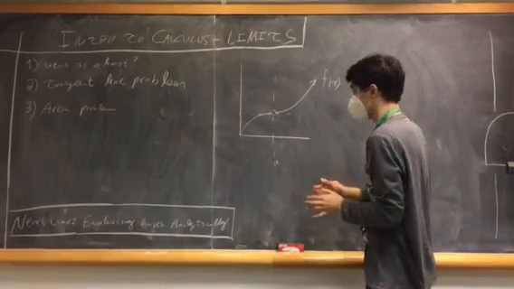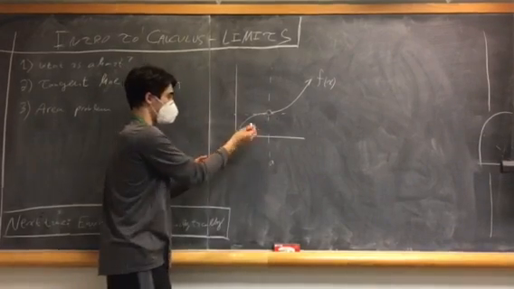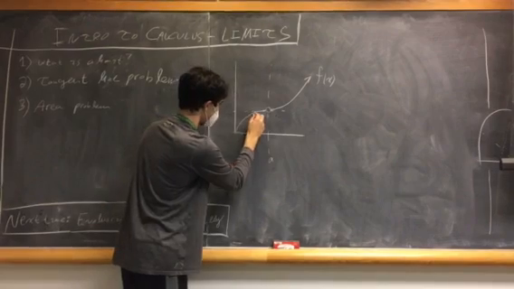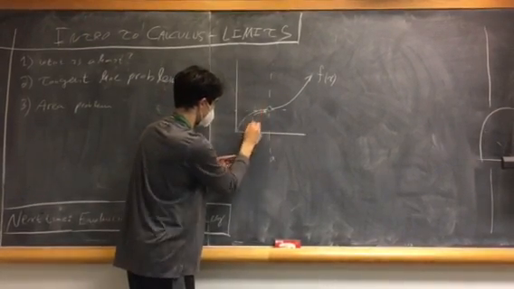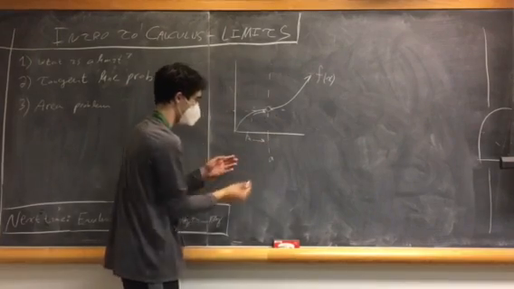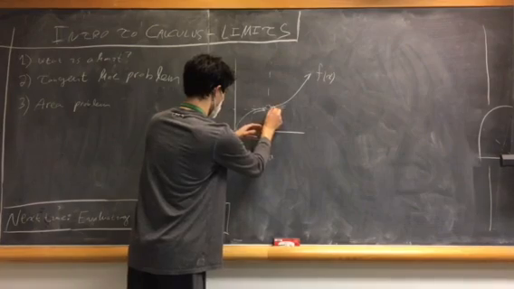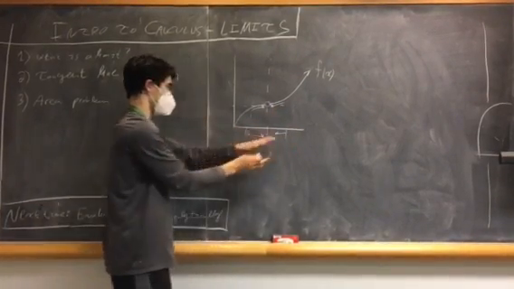So how we do this is we look at this function and we say, all right, what is this function getting closer to as x approaches a from the left side? And what does this function get closer to as x approaches a from the right side?